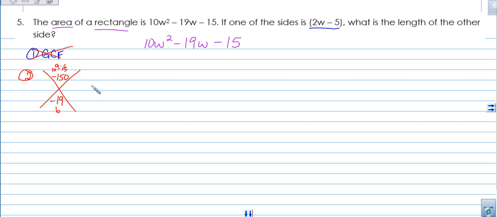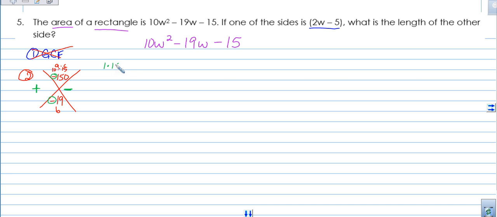Okay? So subtract right here, which means we'll have a positive and a negative. Okay? And our bigger number is going to be the negative number. Okay? Now, you're going to want to list these out because 150 has more factors than we'll be able to just kind of figure out in our head.